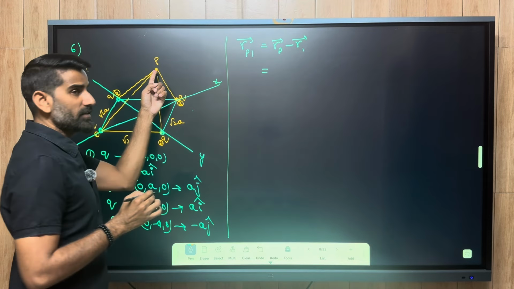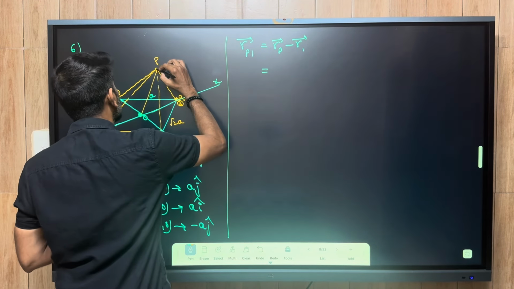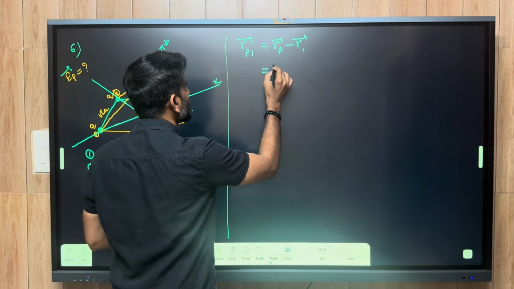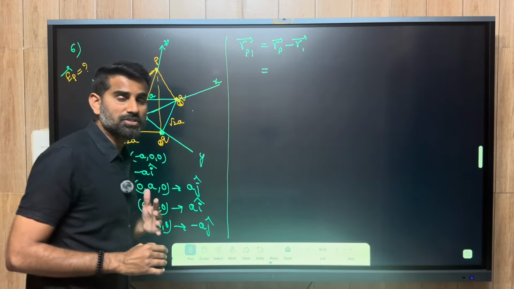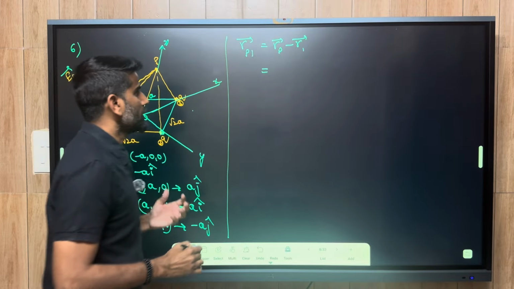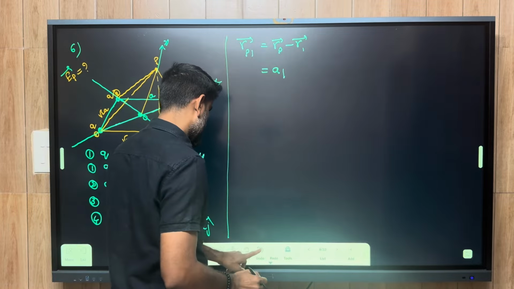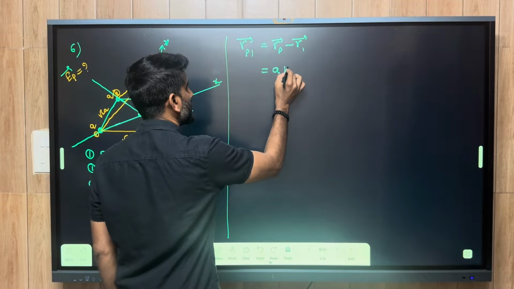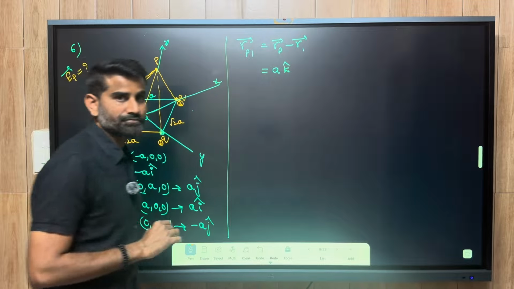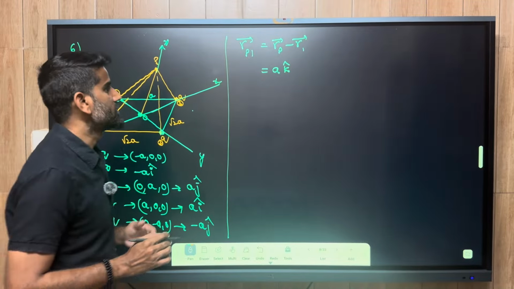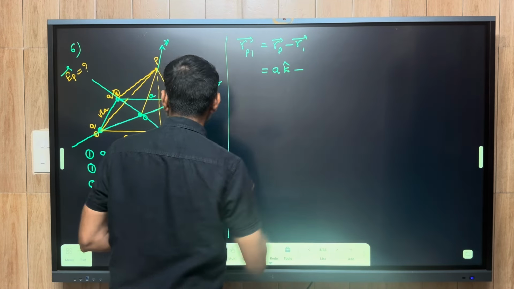It is on the z axis, (0, 0, a), that is in vector notation a k cap. k is the unit vector along the z axis. So a k cap minus r1 is how much?